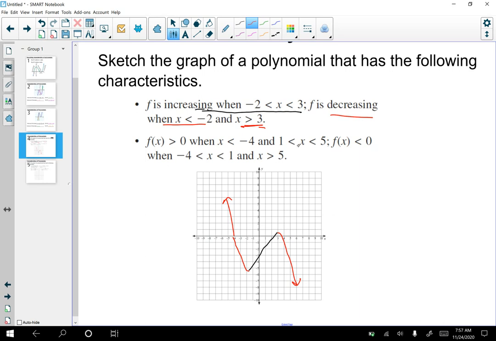Okay, and then from 1 to 5, it needs to be above the x-axis, okay? So here's a good example. I was a little bit off. So remember we have that turning point at 3, but from 1 to 5, it's above the x-axis. So I'm going to stop there because we have a turning point. I'm just going to turn it red so we can keep following.